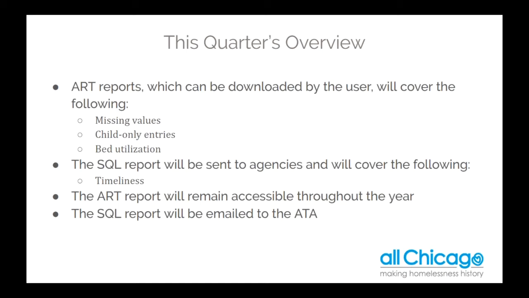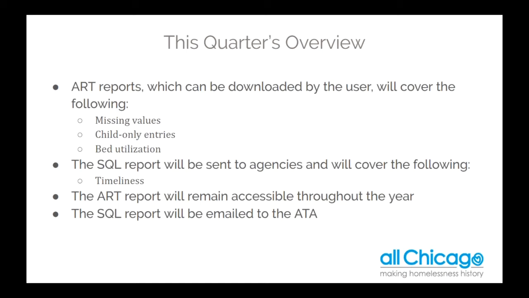So as a quick overview, the APR reports, which can be downloaded by the user at whatever time they want, will cover the following: missing values, child-only entries, and bed utilization. And the SQL report, which is going to be sent out to agencies automatically by us, is going to be based just on timeliness.